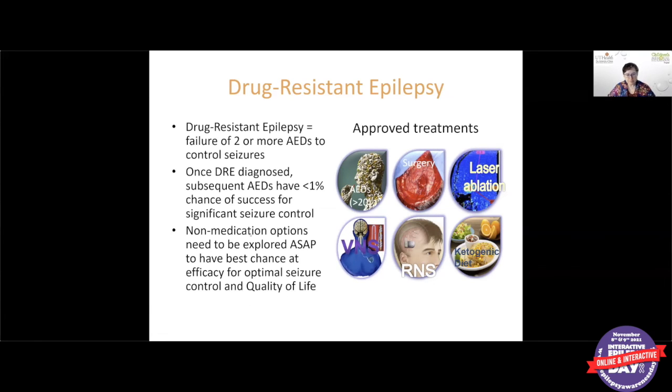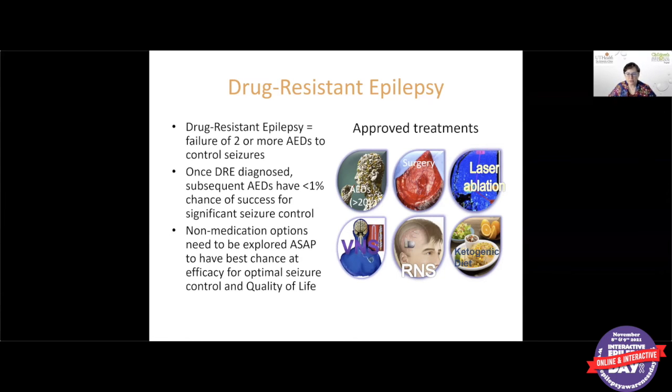So you really want to try to explore those options as soon as possible so that you can use that treatment as soon as possible and prevent further seizures from happening, as early in the course of the epilepsy as you can, because often the earlier you try these different treatments, the better they work.